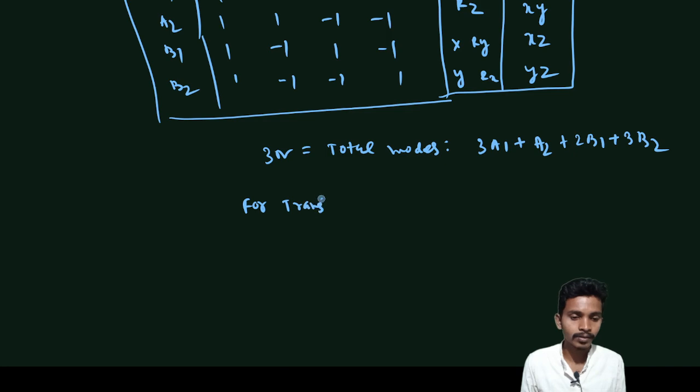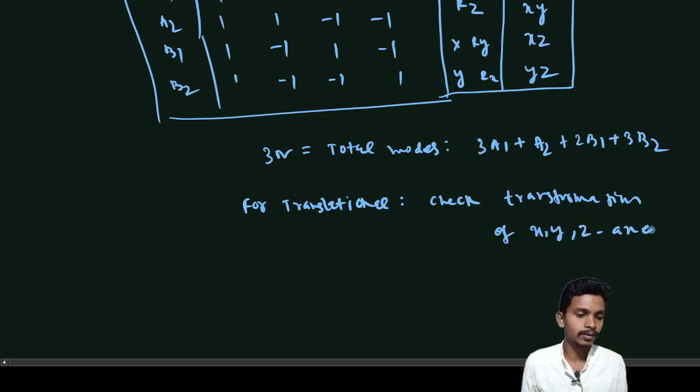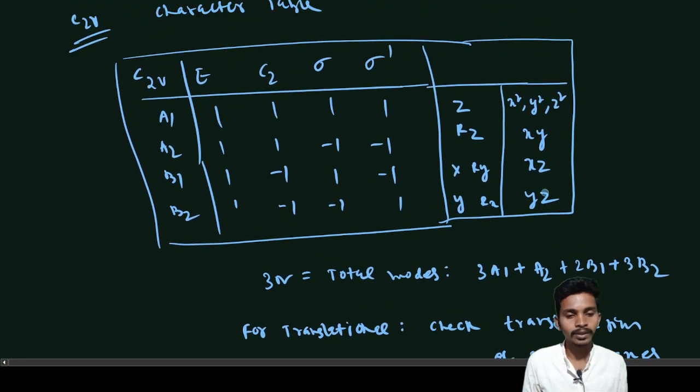So for translational, what you do is check the x, y, z axes, or the transformations of the x, y, z axes. Check whether the x, y, z axis is present or not.